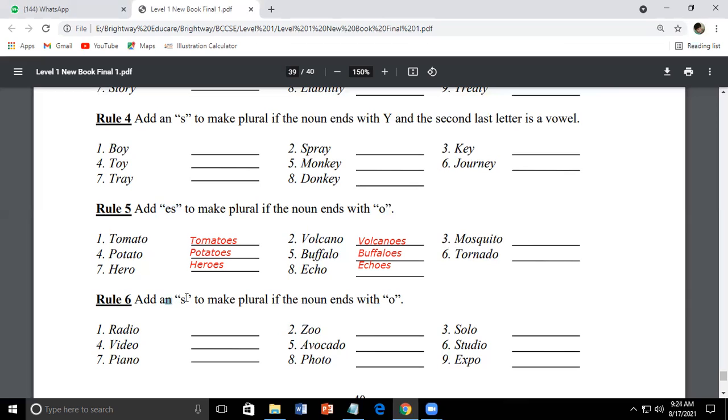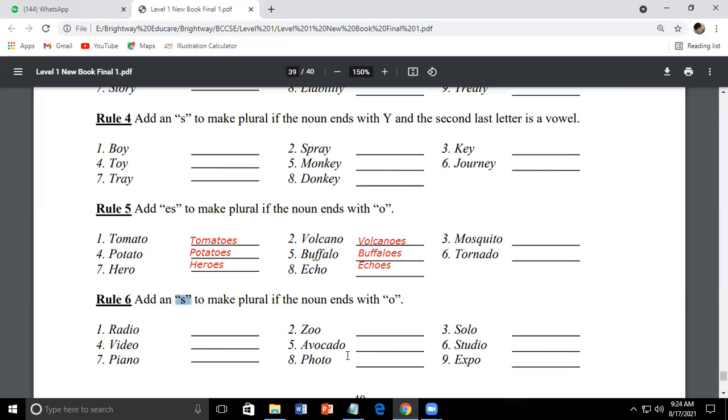And in rule number 6, it asks you to add S to make it a plural. Now, the question here is, how will one come to know for which word we have to add an ES and for which word we have to add S?